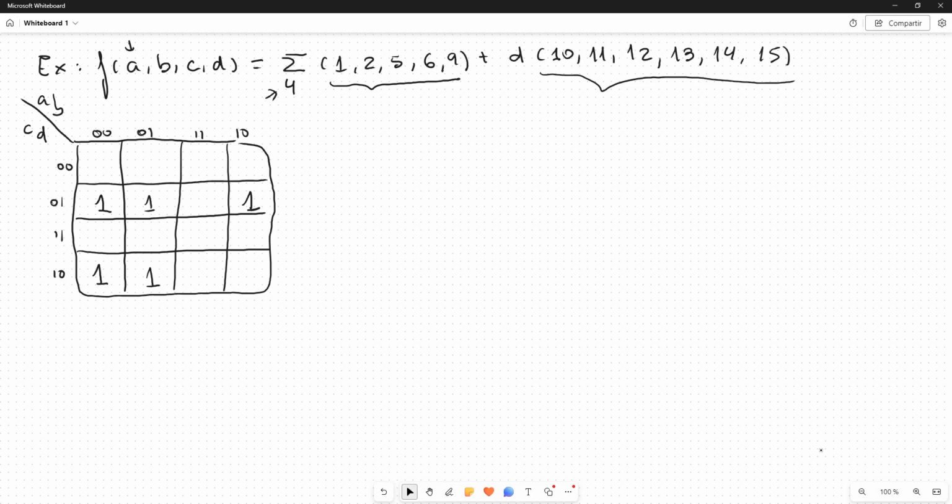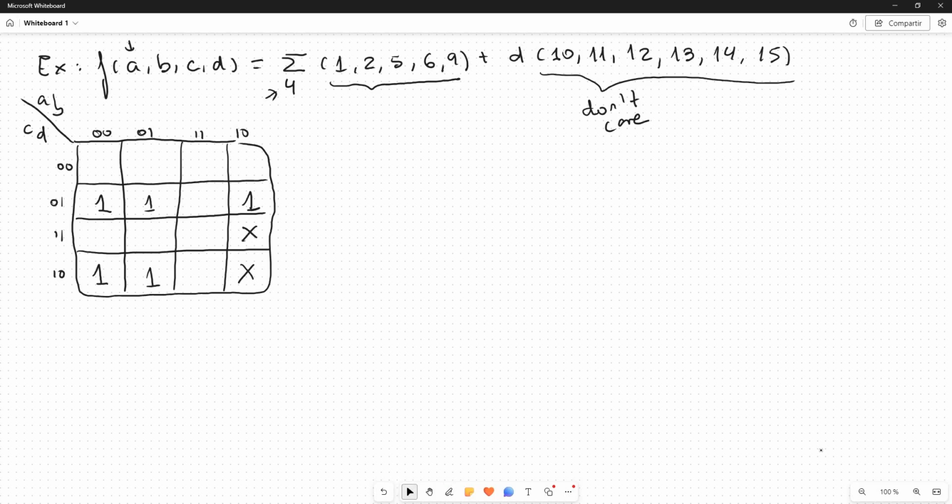Now we have to include the don't care conditions. The name is quite funny, I think. So we have a don't care condition in the minterm 10. The minterm 10 is the position 1010. We have a don't care, so we use an X. We don't know the value. We don't care about the value. The minterm 11 is 1011.